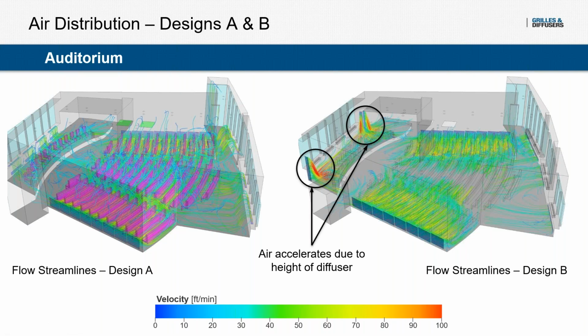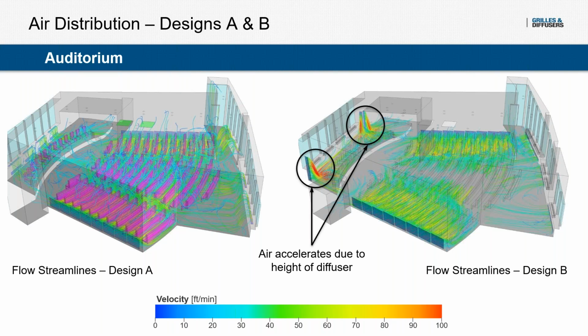One interesting thing that I want to point out is that size of the diffuser matters. You could see that in design B, where you're using very tall diffusers, they're kind of pressed for space and you needed a certain amount of CFM. The consequence is that because the diffuser is tall and that air is negatively buoyant, it tends to fall down to the floor, which causes it to accelerate. So in this case, you actually have higher velocities.